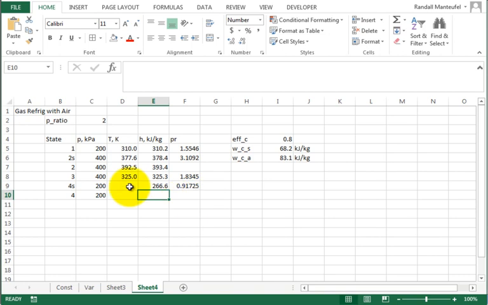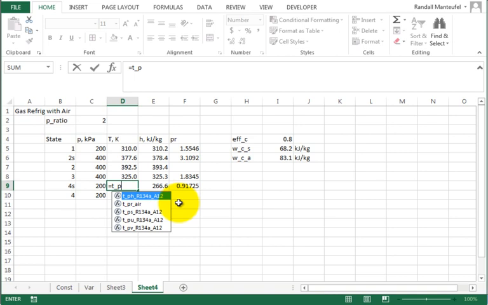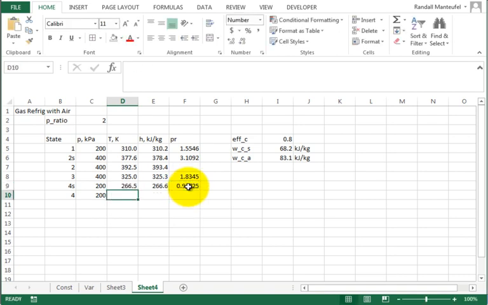Done. And then this one is temperature as a function of P_r for air, and go get that P_r. So it would have expanded down, and you can see now it's cold, if it would have been a perfect isentropic expansion in that turbine.